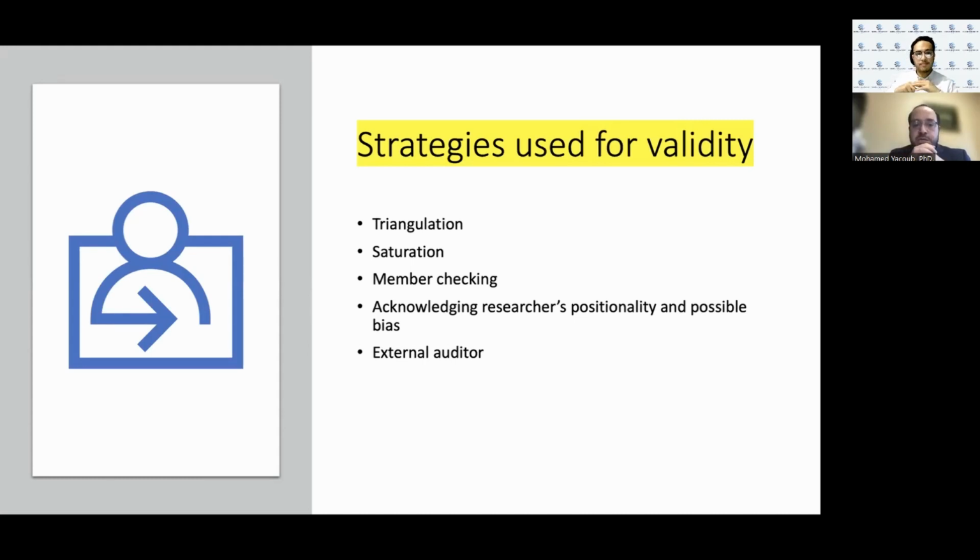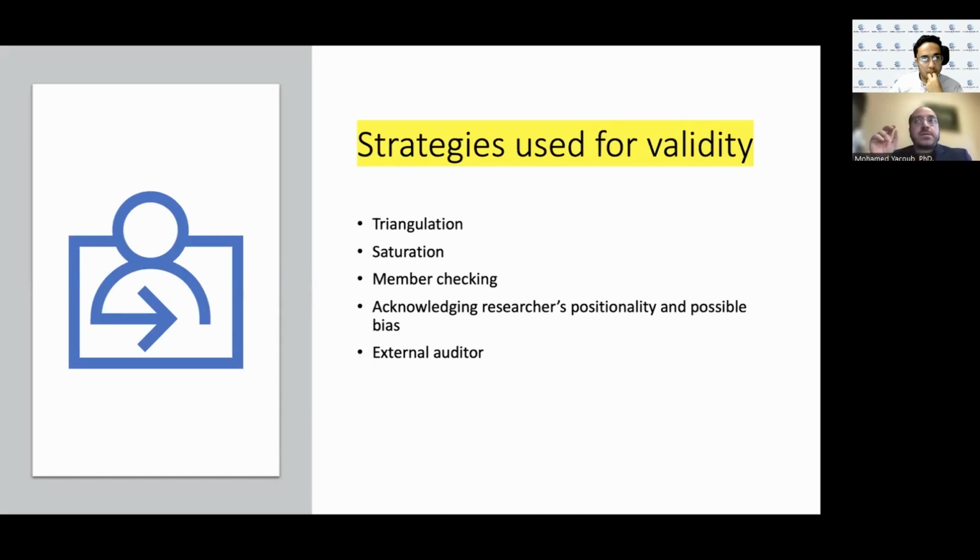So triangulation claims to treat the problem of validity in qualitative data by collecting data from more than one source. They say only interviews is not enough. You have to add something else to it, like focus groups or some artifacts.